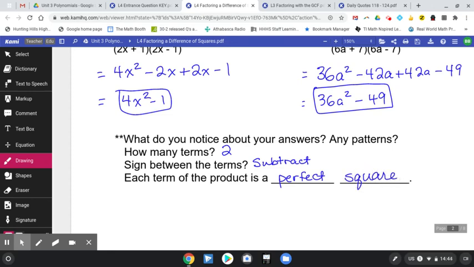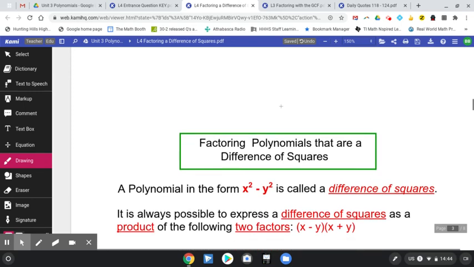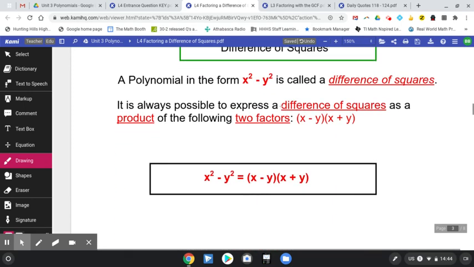And that's why we call this a difference of squares. Because what we're looking at is this binomial, always a binomial. It's always a perfect square, subtract a perfect square, called a difference of squares.